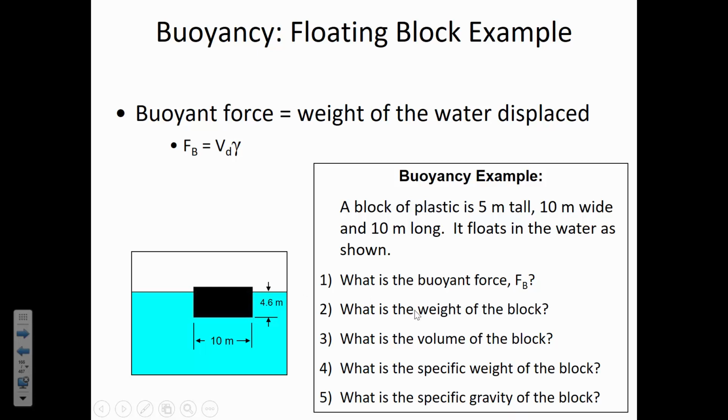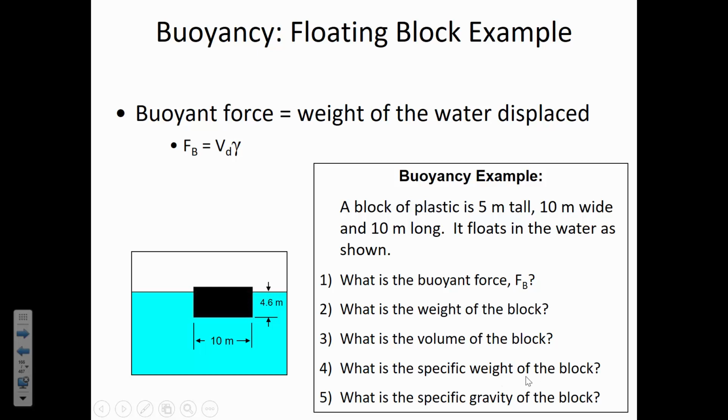We can figure out the weight of the block by doing a force balance. It's in equilibrium. It's floating in the water in a stable equilibrium. It's not continuing to rise, and it's not in the process of sinking. It's stable.